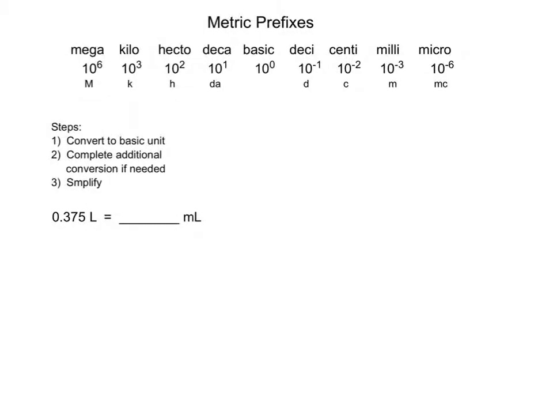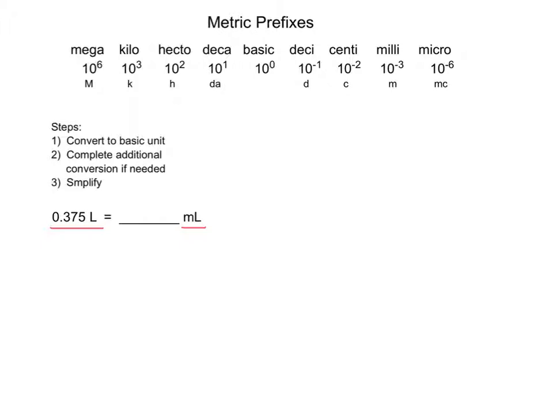Okay, so let's take a look at this particular example where we want to convert 0.375 liters into how many milliliters that is. Well, we just took a look at liters and milliliters in the previous slide. So let's start by figuring out what that basic conversion factor is that we're going to need in order to make this conversion using dimensional analysis.